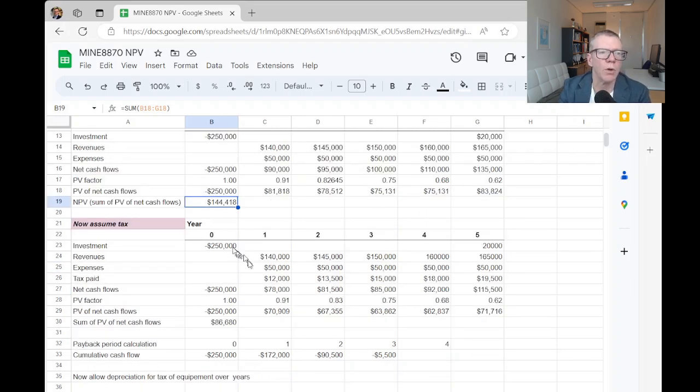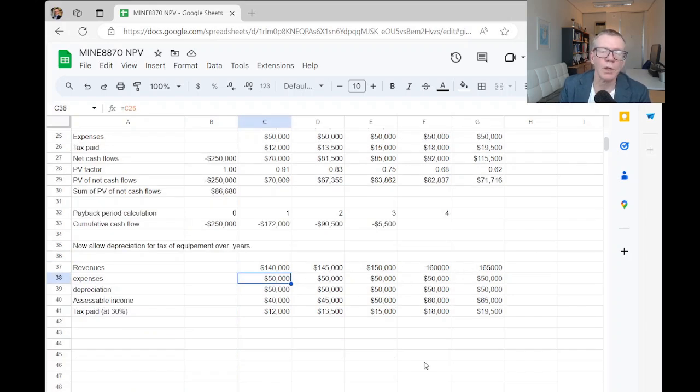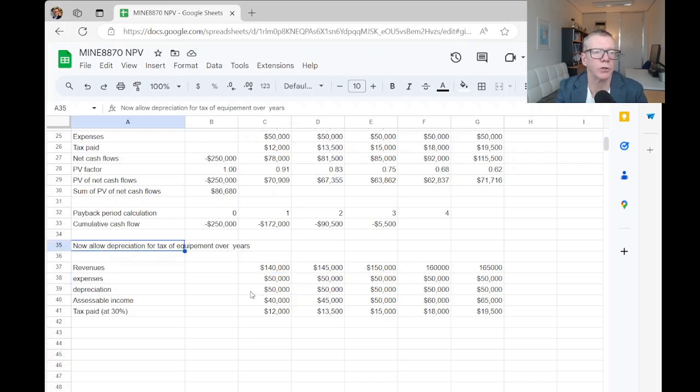So revenues won't change, so the investment won't change. Negative 250, we're still going to get residual value of 20,000. Revenues are the same, expenses are going to be the same. So to work out how much tax I'm going to pay, I've got my tax calculation kind of down below, because I'm trying to keep that away from the actual cash flows.